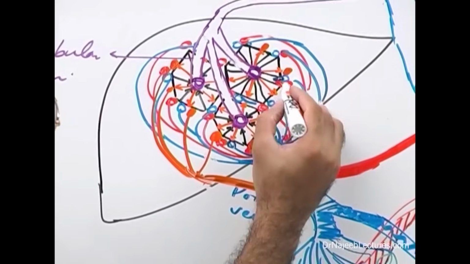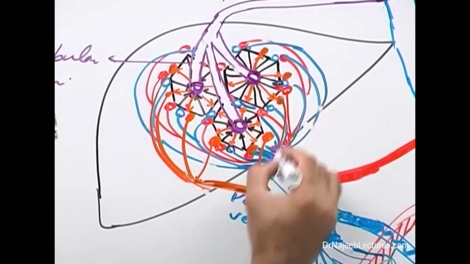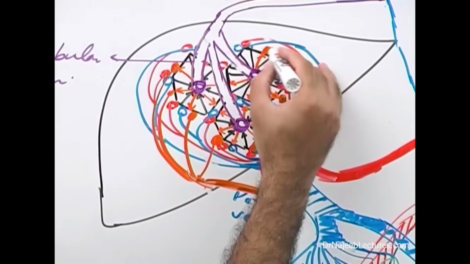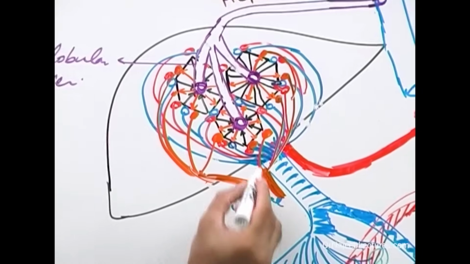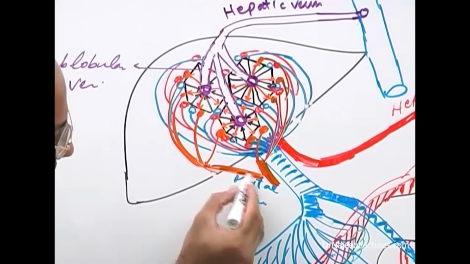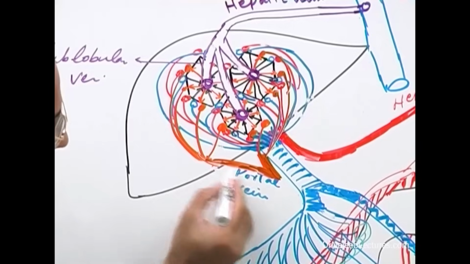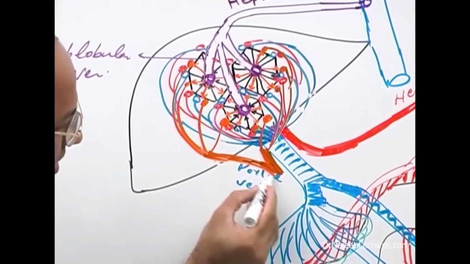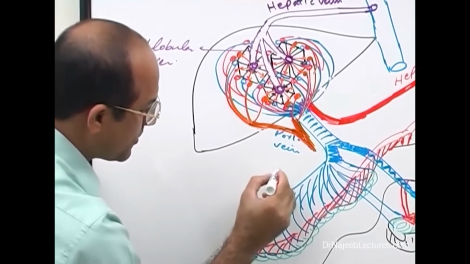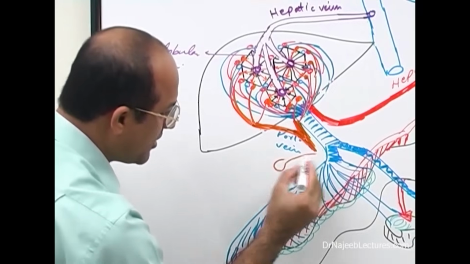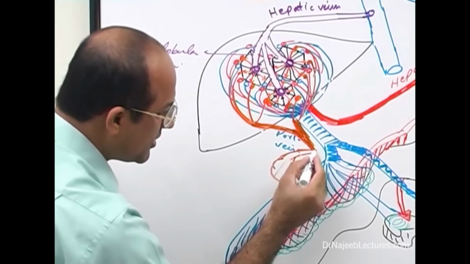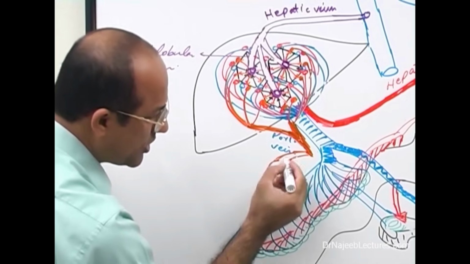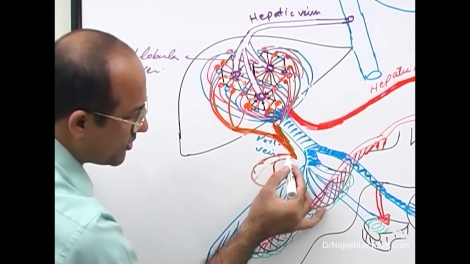These bile ducts from every corner form the left hepatic duct, and what is this? Right hepatic duct. And they will form the common hepatic duct, and of course some of you must know there is something called the gallbladder. And what is this? Cystic duct. This duct from the gallbladder is the cystic duct.